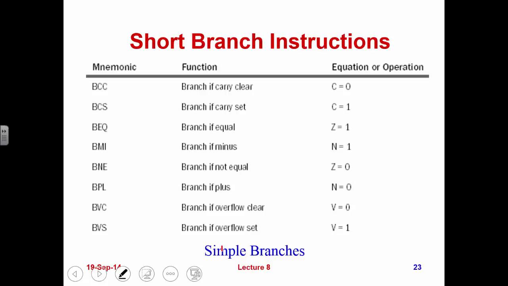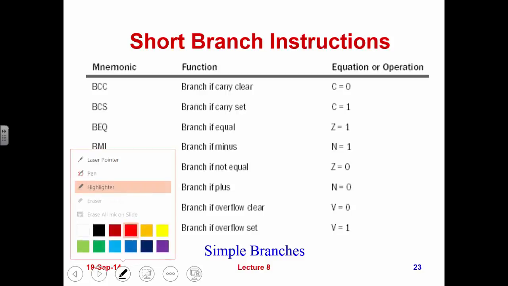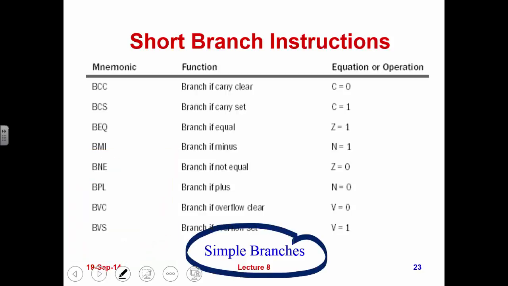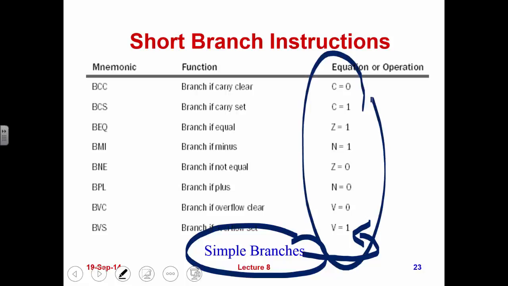Let's come to the short branches, but the simple branch. They have conditions. The simple branch condition only checks a single bit. So let's check them. We have branch if carry clear, BCC.